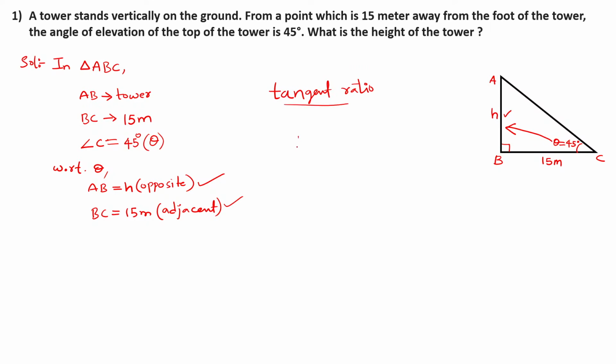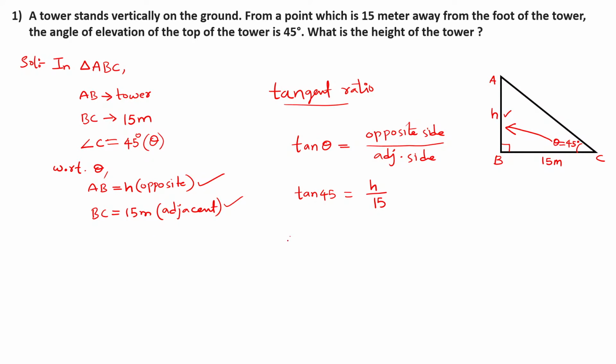So the tan theta formula is opposite side divided by adjacent side. So theta value is given as 45 degrees. Opposite side we have h, adjacent side we have 15.